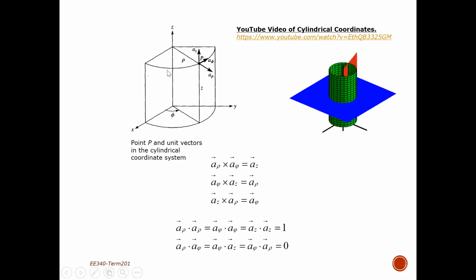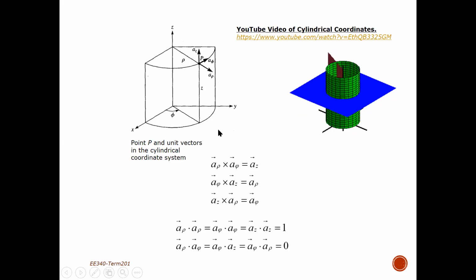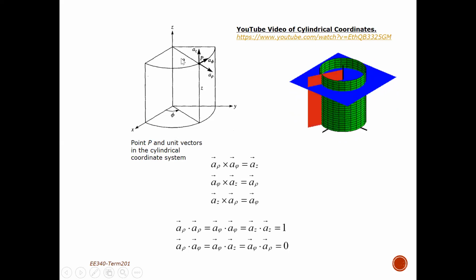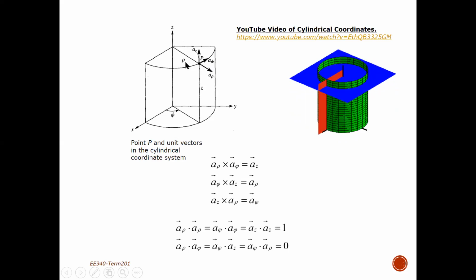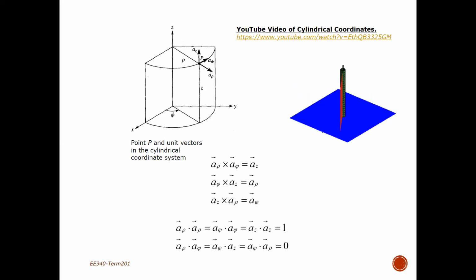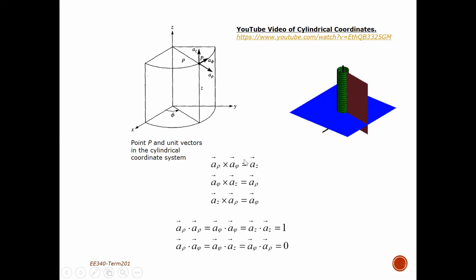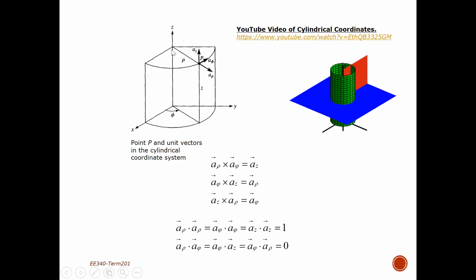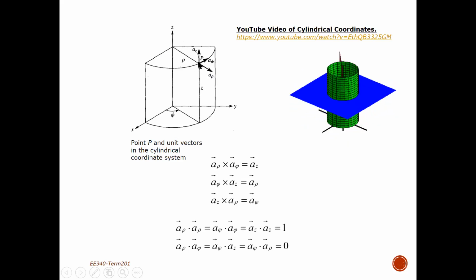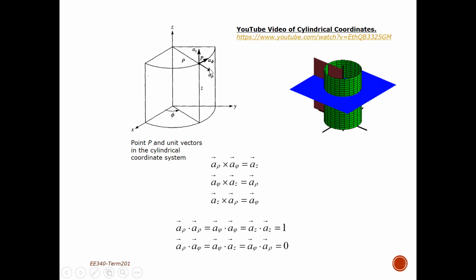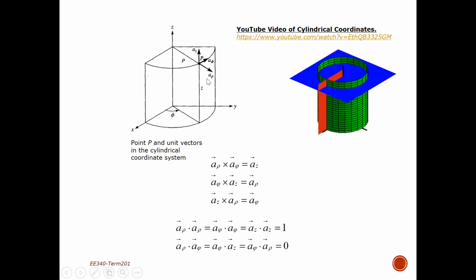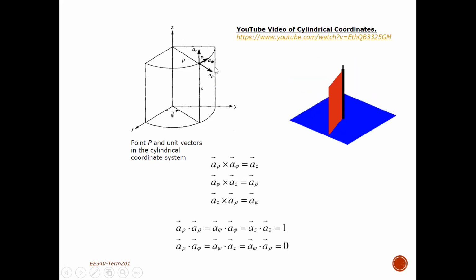This is just a part of that cylinder. This is the radius of the cylinder, rho. The unit vector along the rho direction is this one. This unit vector is perpendicular to the cylindrical plane.